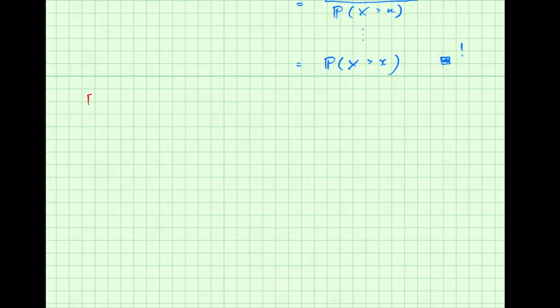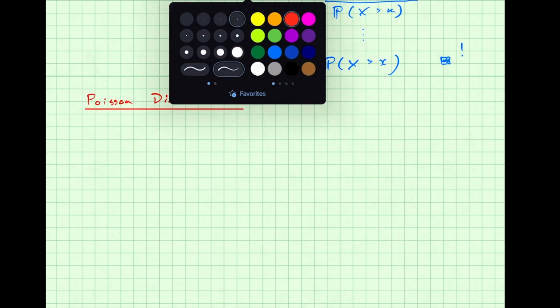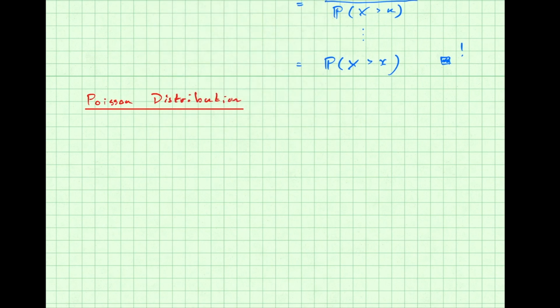So this one is called the Poisson Distribution, named after a person, not a fish. It has a lot of applications that I can describe to you, but it's a little unfair because telling you about these applications is not going to make it obvious that the distribution has the form that it does.